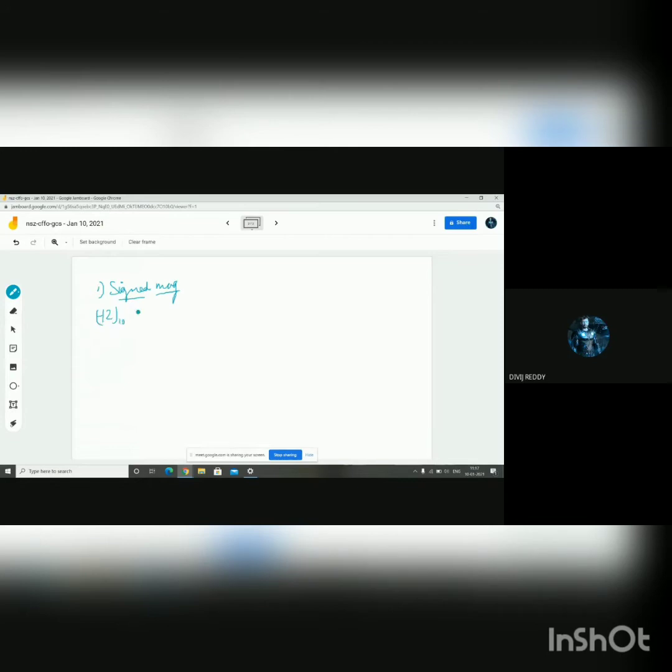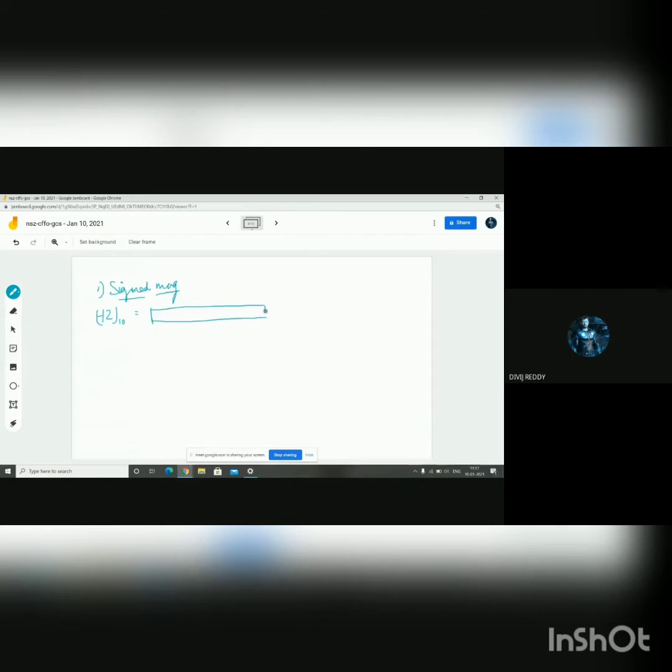To represent this number in binary form using the sign magnitude method, firstly we have to write the binary code of 12 in 8 bits.